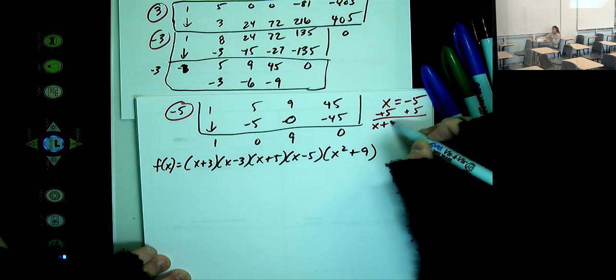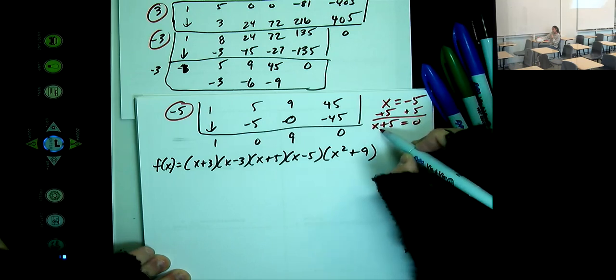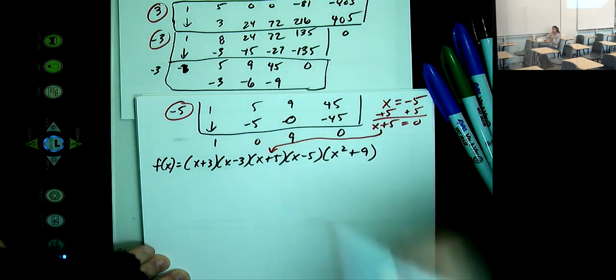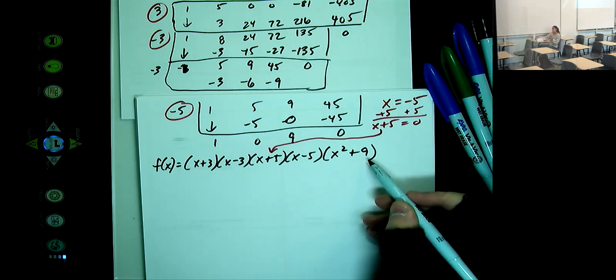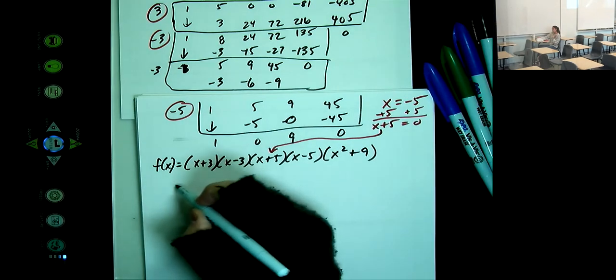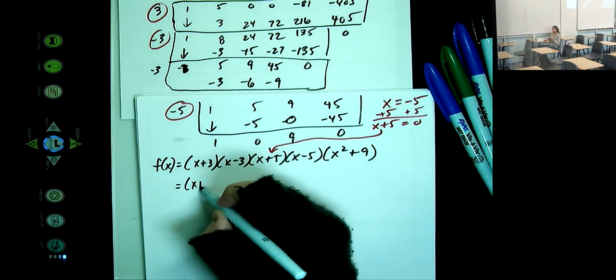So I'm getting x plus 5 equals 0, and that was this one right here. This one factors a little bit more. It's a perfect square, but it's positive rather than negative, which means there's going to be complex ones in there.